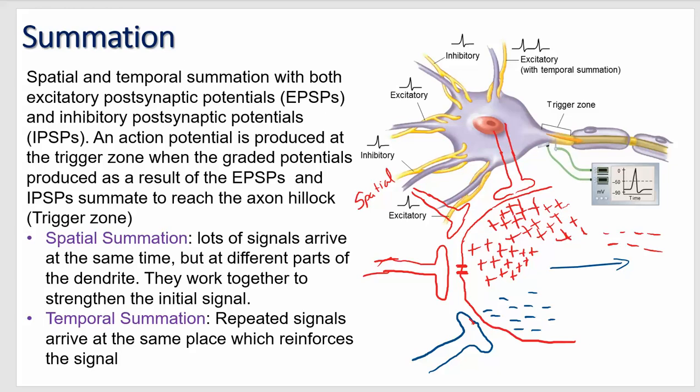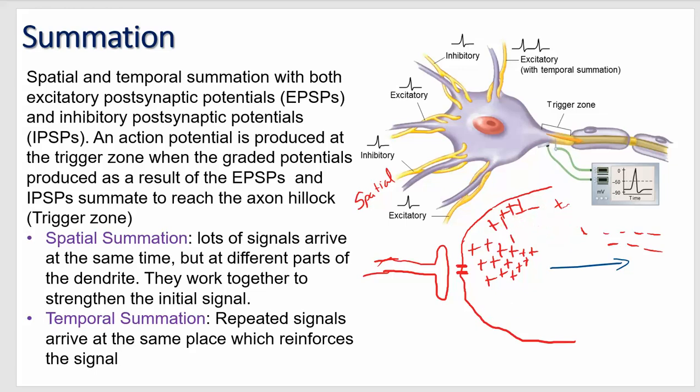They've all decided that this neuron needs to be activated. So that's spatial summation. Now, we're going to ignore the inhibitory right now, but this works with inhibitory too, the summation.